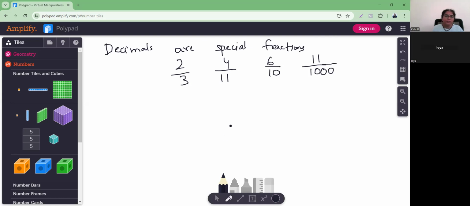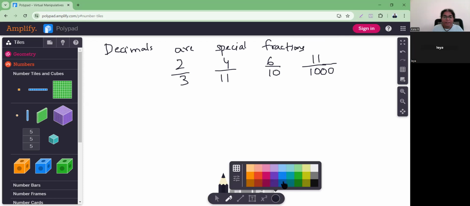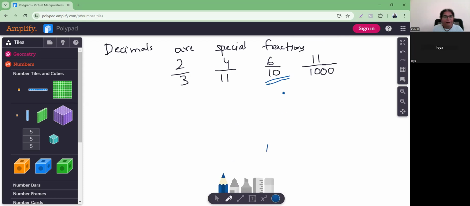All these are fractions. But in this fraction itself, if a fraction is having the denominator as a 10 or 100 or 1,000, such fractions are actually decimals.